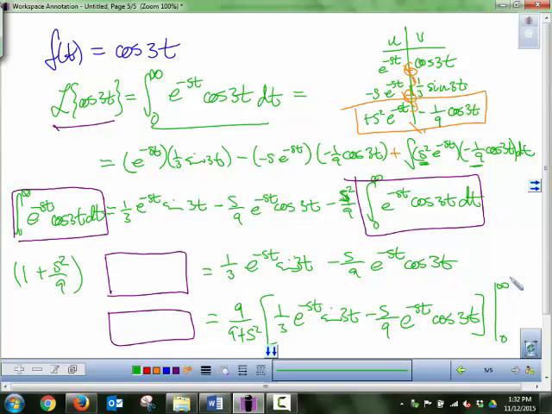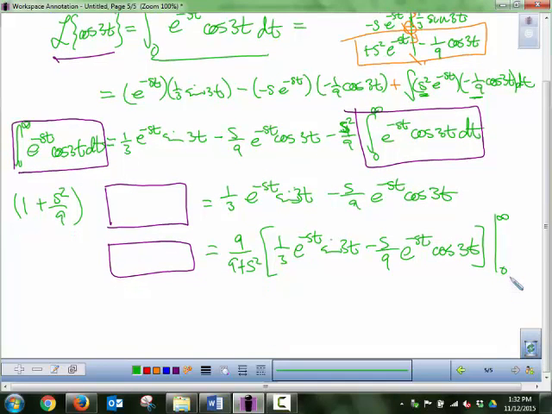And remember that we want to take this from 0 to infinity. All right, let's see what happens when you put infinity in there. So I'm going to rewrite 9 over 9 plus s squared.